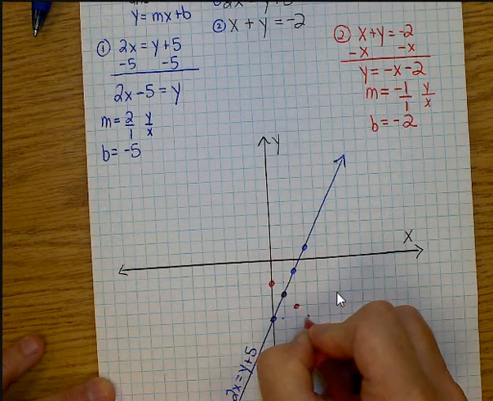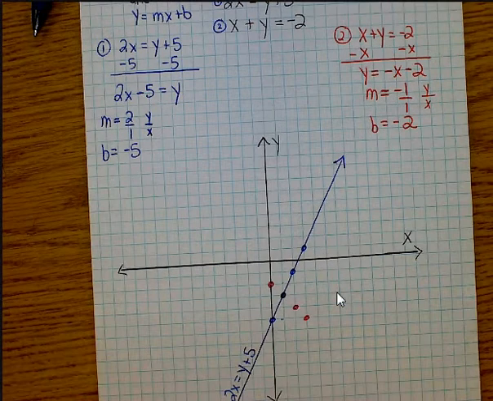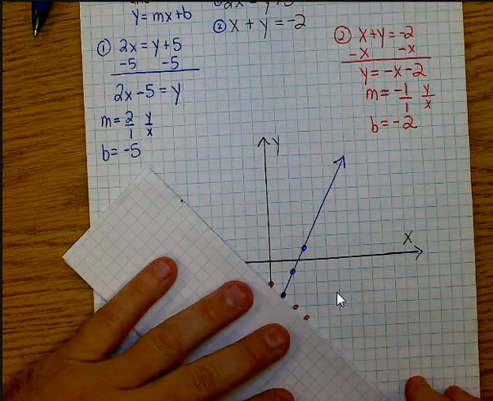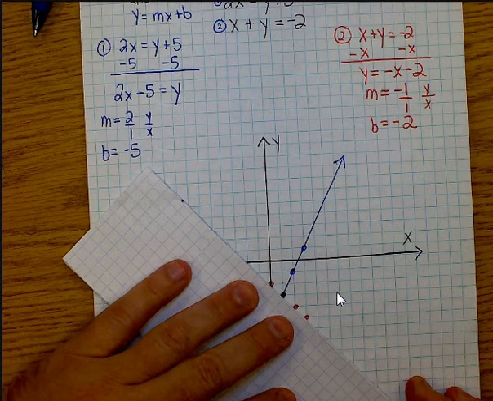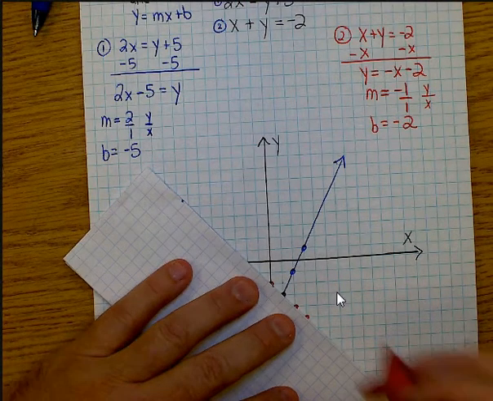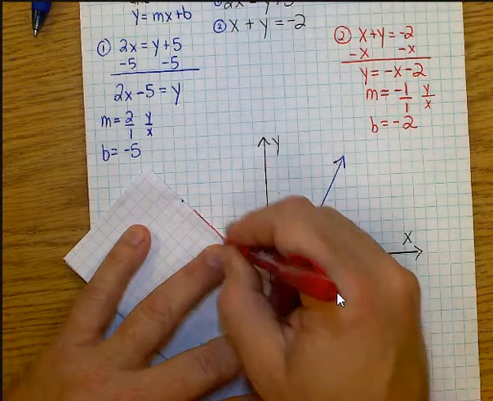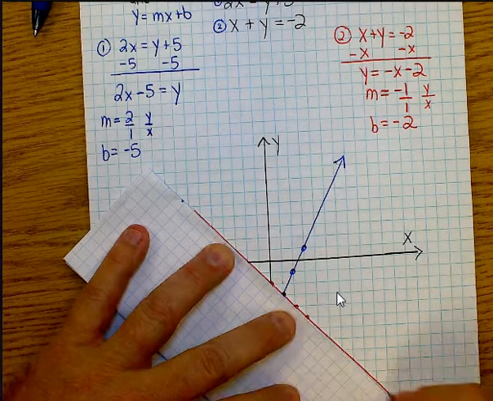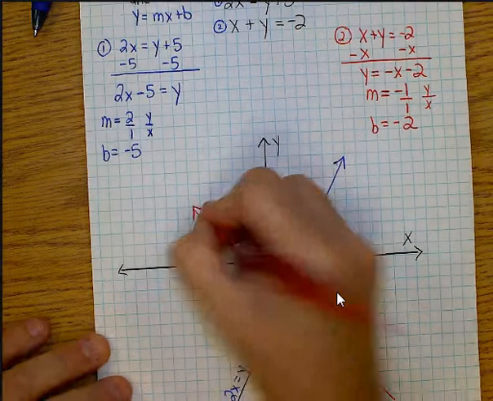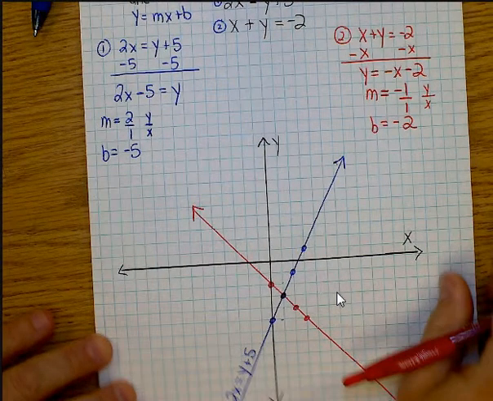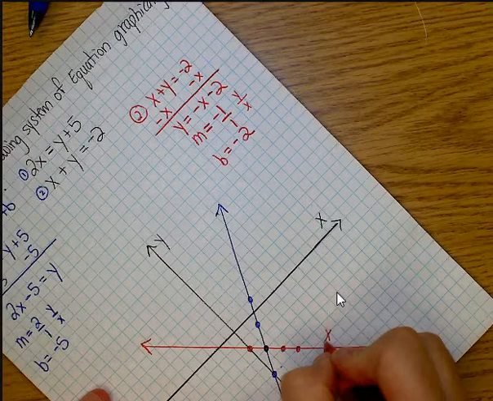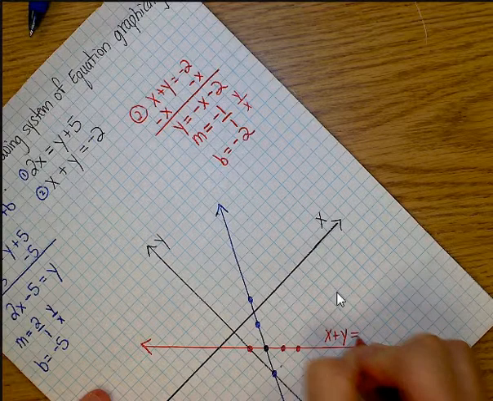Plus 1 in the x, minus 1 in the y. And I get that. Those dots, again, line them up with those points. I want to line them up, draw your line through the entire coordinate plane. Arrows on the end, label the line the original, x plus y equals a negative 2.